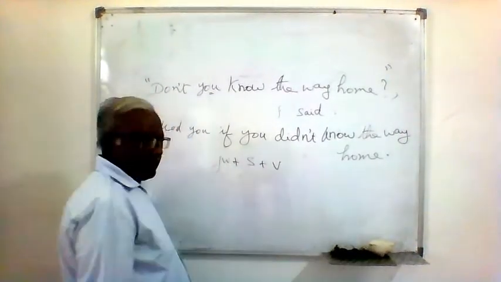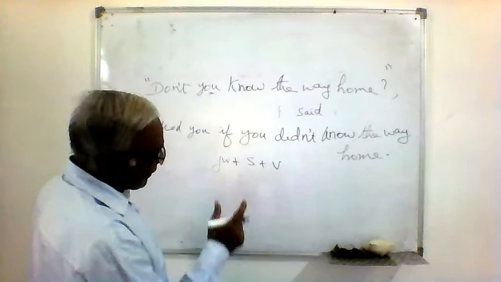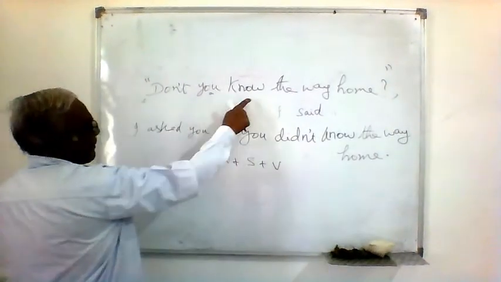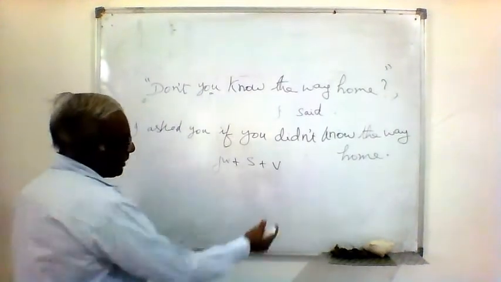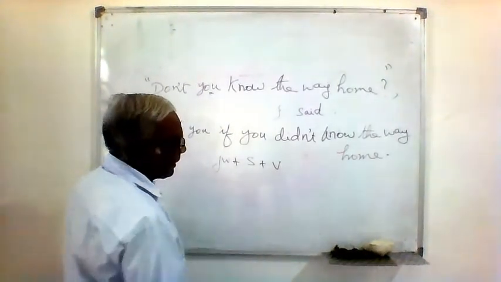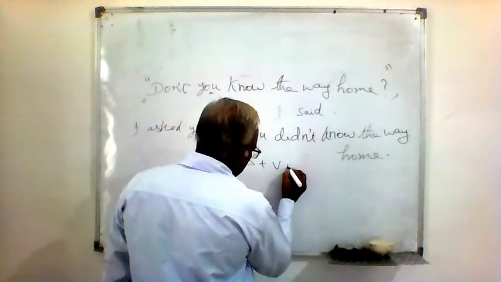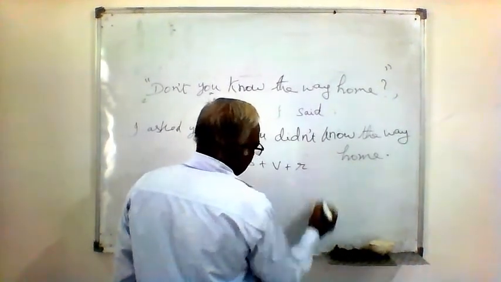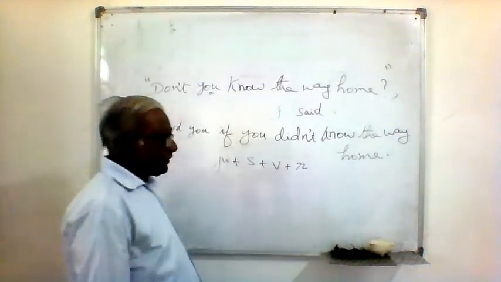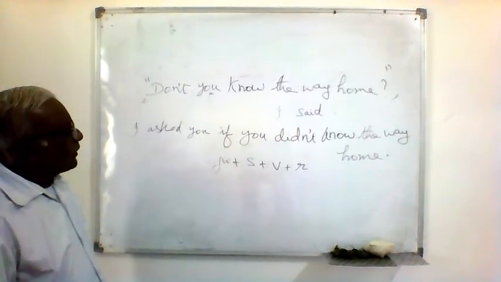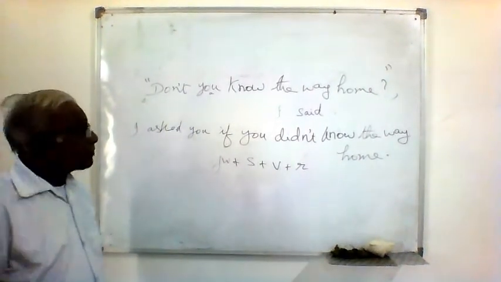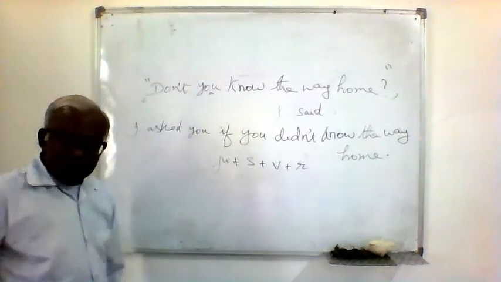Therefore, the verb has come together this time. Here it was divided into two different places, and the subject came in between, but here the verb is together. And of course, the remaining sentence. I asked you if you didn't know the way home. In this, there is no question word.